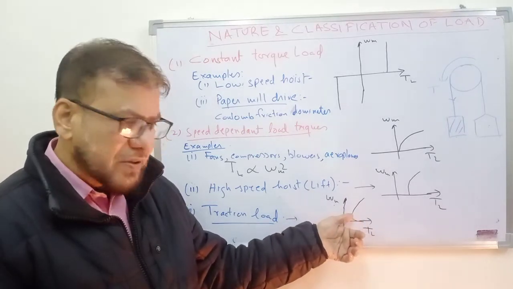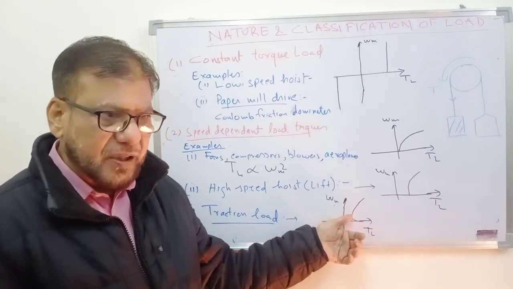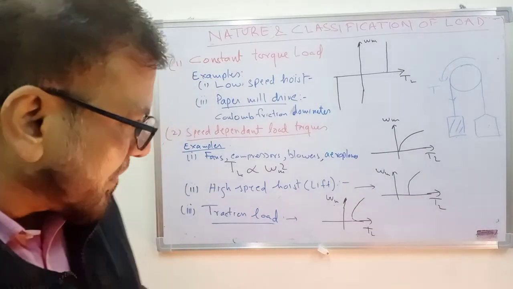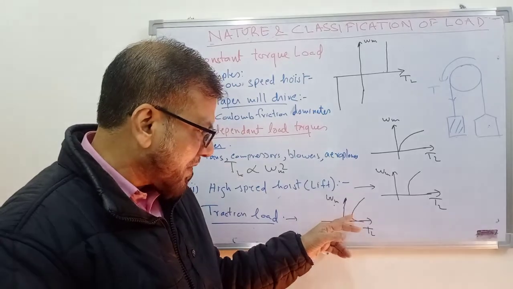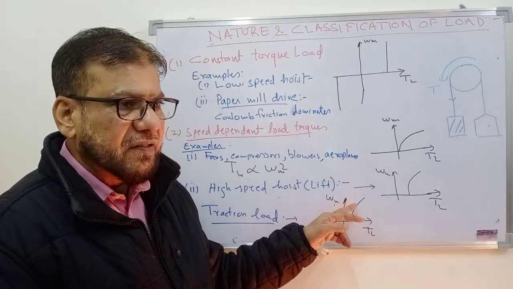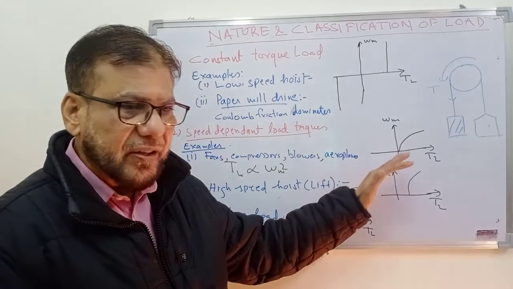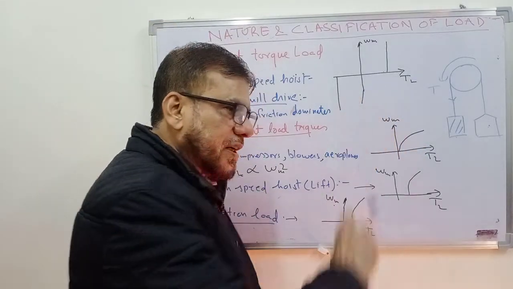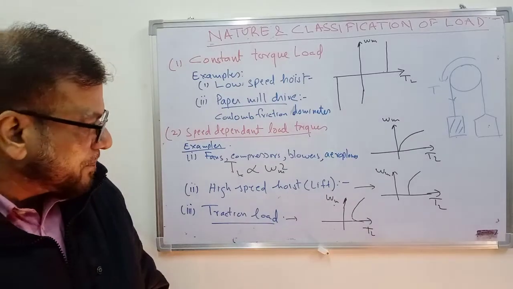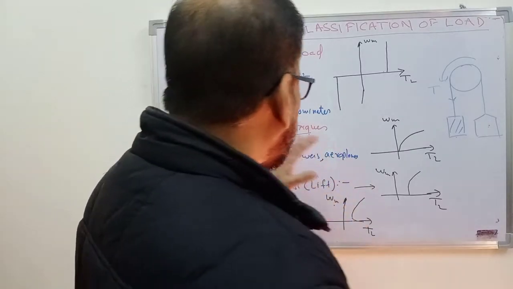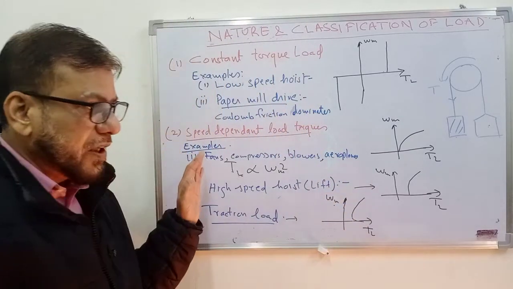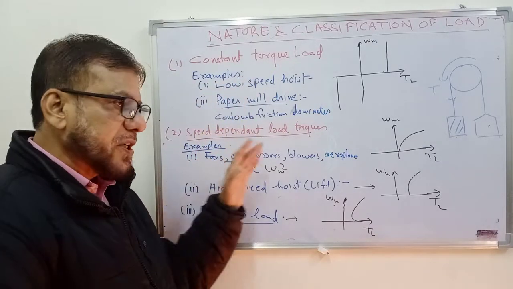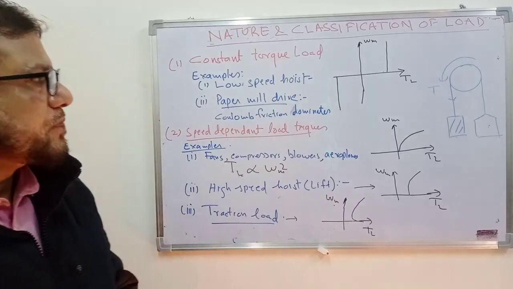After a certain speed, static friction disappears, and the other components of friction, that is the viscous friction and the wind friction, start increasing, and as the speed increases, the torque also increases. So in this way you can classify the various loads as constant torque load and speed dependent load torques.